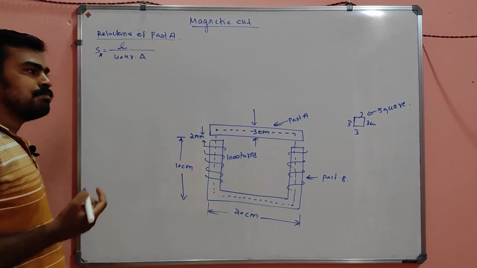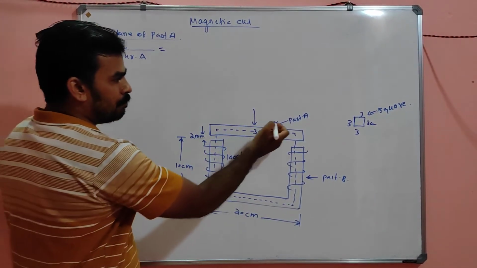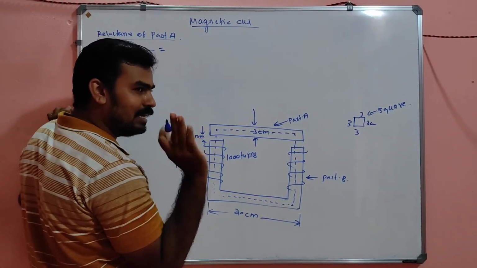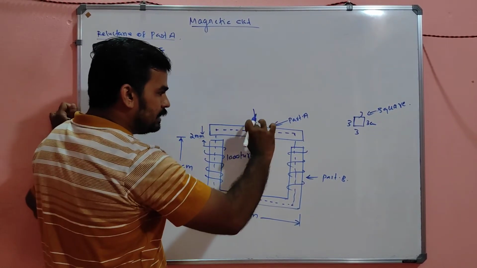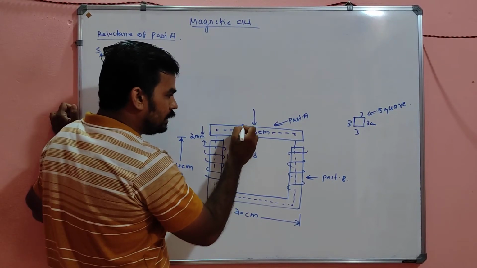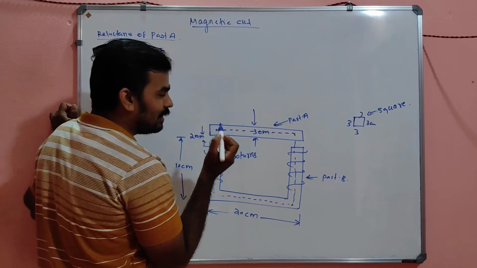And length of the magnetic circuit, L, see the part A, here to here length only we have to know. The total length is nothing but 20, but this length is 3, so here to here will be 1.5 and here to here will be 1.5. Am I right?